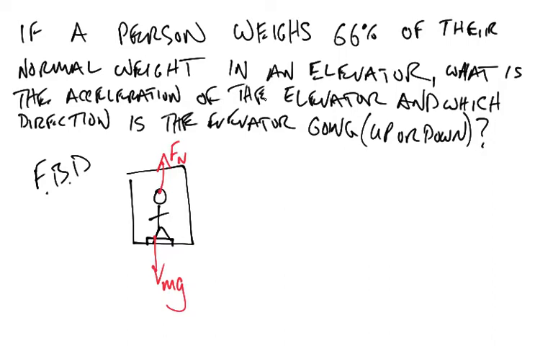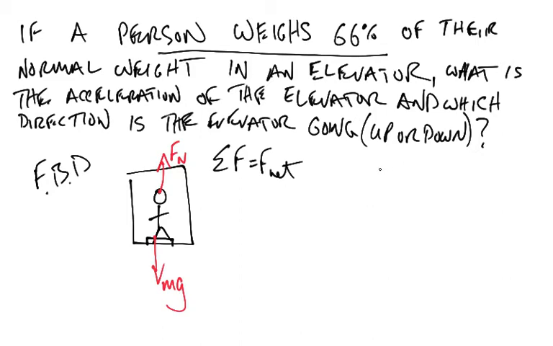So before we continue right away into summation of the forces is equal to F net, I just want to pause for a moment and make a point that this question is saying that the person weighs 66% of their normal weight.